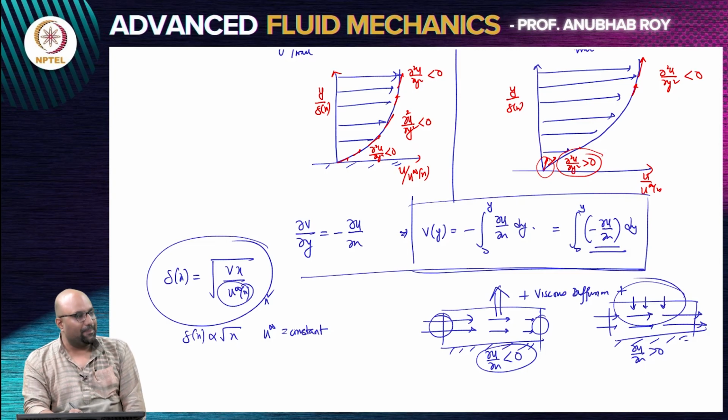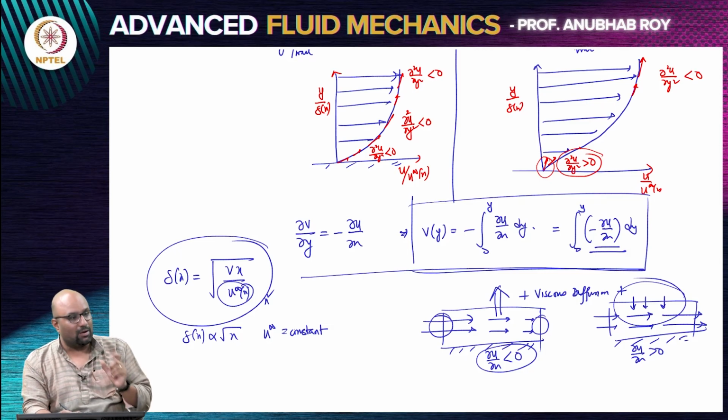But if there is deceleration, then viscous diffusion now has another friend to spread transverse momentum, and that is advection. So advection and viscous diffusion act together to make the boundary layer grow even faster than it would have purely due to viscous diffusion.